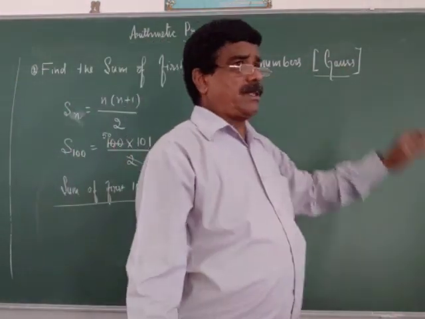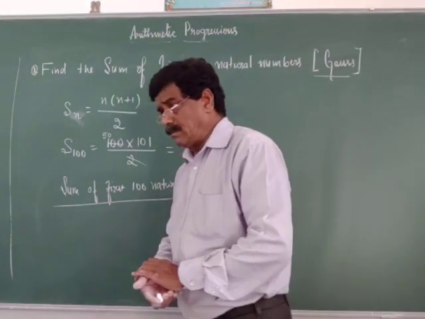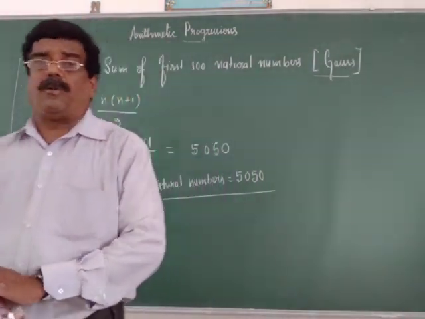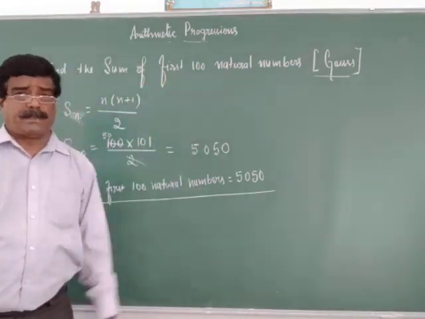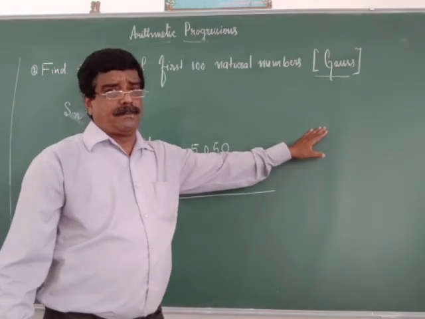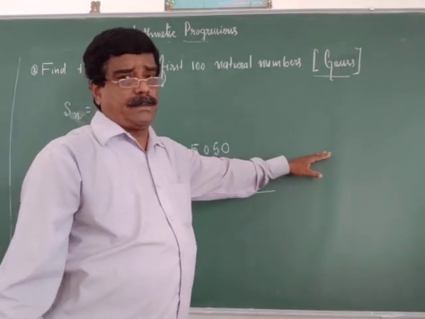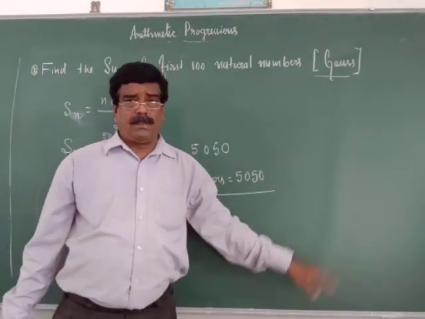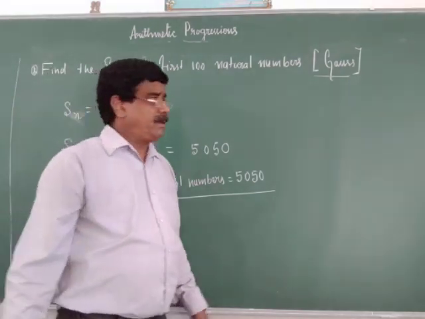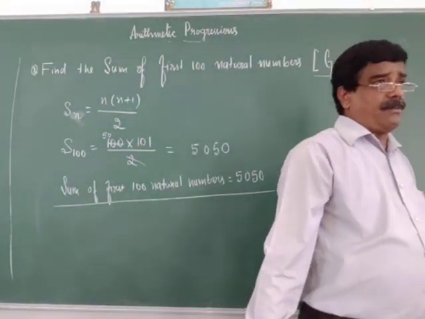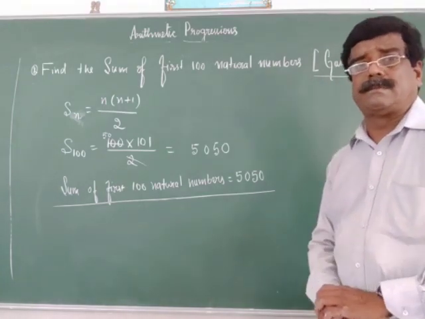See, this question was asked in the multiple choice long back. Which among the following is the mathematician who founded the sum of first 100 natural numbers? Their names were given. Option A, Archimedes. Option B, Pythagoras. Option C, Newton. Option D, Gauss, like that. So we must know the sum was solved initially by the great mathematician Gauss.